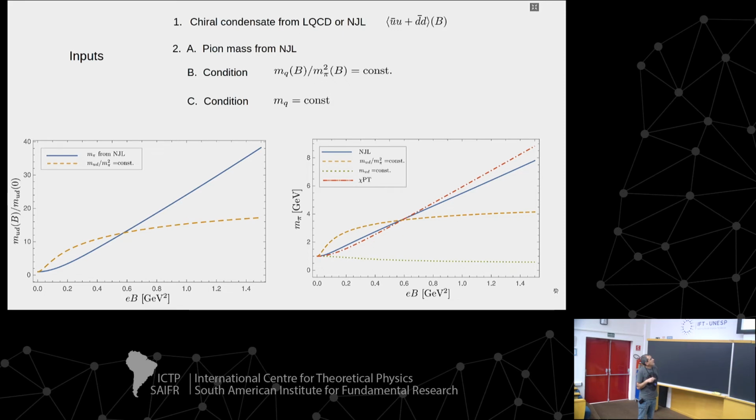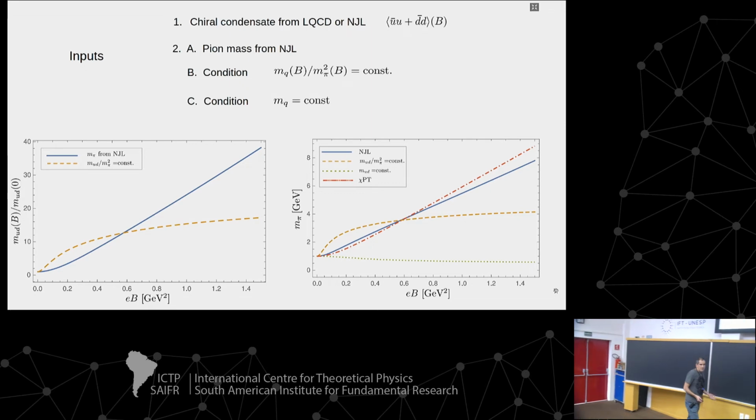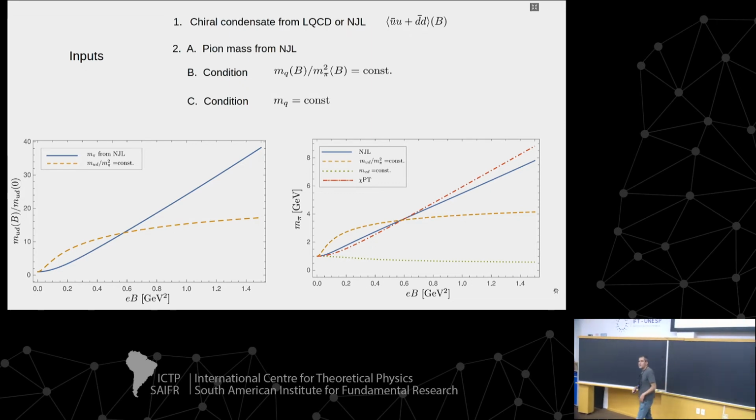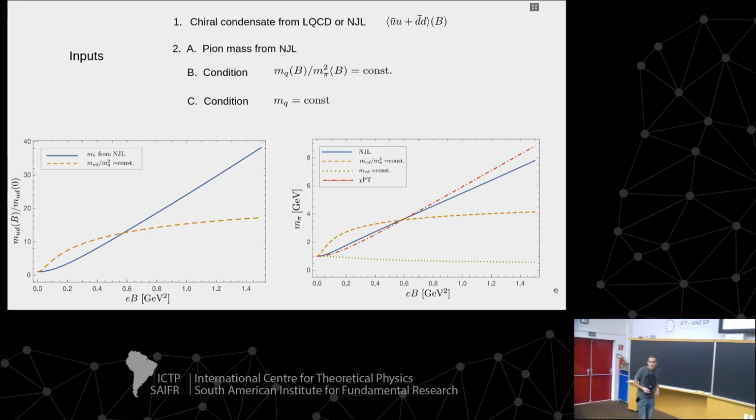First of all, the pion mass. We need inputs. One of the inputs is the chiral condensate, because the chiral condensate has been calculated in a lot of models and techniques. So we take it from lattice and from the Nambu-Jona-Lasinio models, and then we can get the pion mass in two ways.